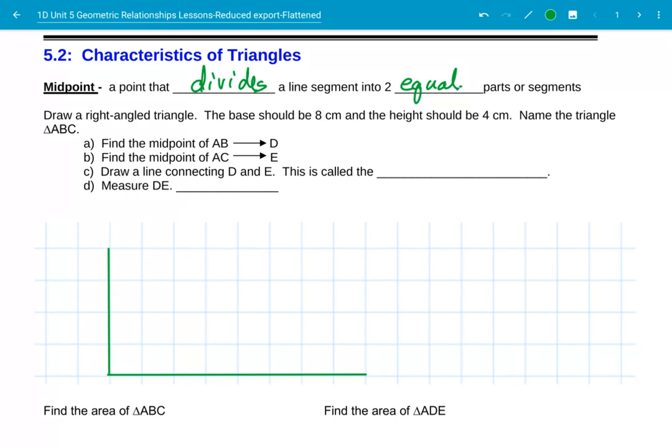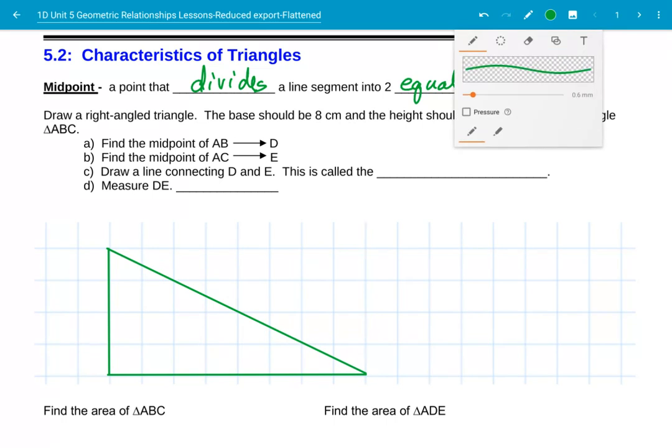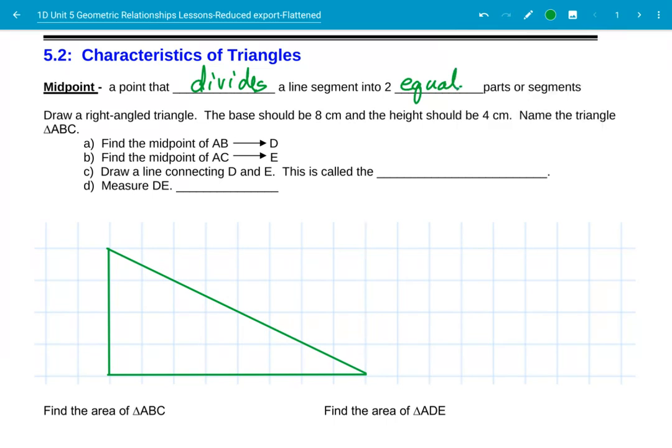So I'm going to finish the triangle. Here we go. So a height of 4 and a base length of 8. Name the triangle. Well, what kind of name do we want? A, B, C, I guess. A, B, C. All right.